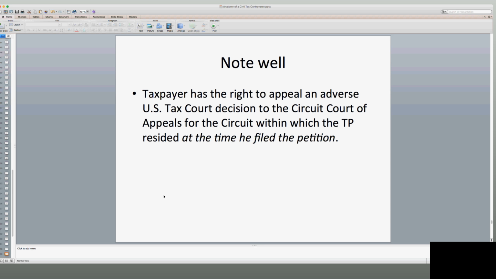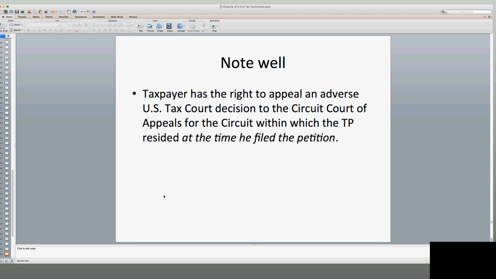So you want to know what circuit is the governing circuit, because in the event that there is no published case law directly on point in the tax court that you filed the petition in, it's going to be the circuit in which the taxpayer resided that actually controls legal precedent in the matter. And that differs, of course, from how criminal matters are looked at in appellate circuit courts, but I want to stay away from that because it gets very confusing.